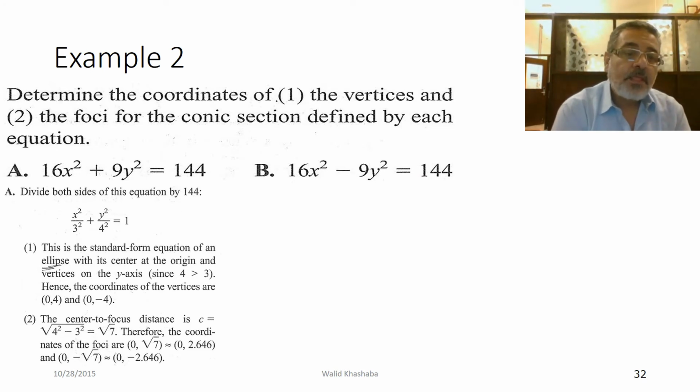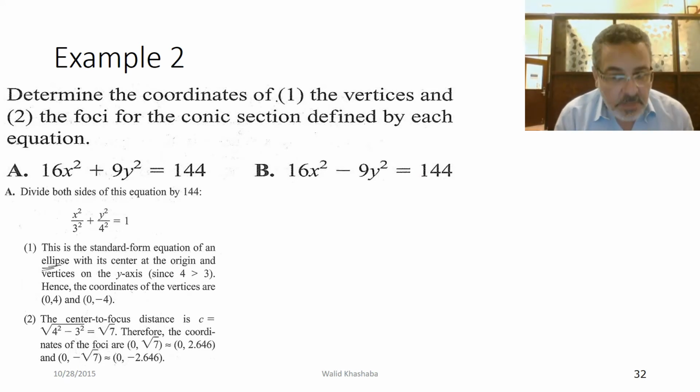Now, let's study the coordinates of the foci. The center to focus distance is C, the distance between the center and the focus. C can be found, again, with the same idea as the Pythagorean theorem.